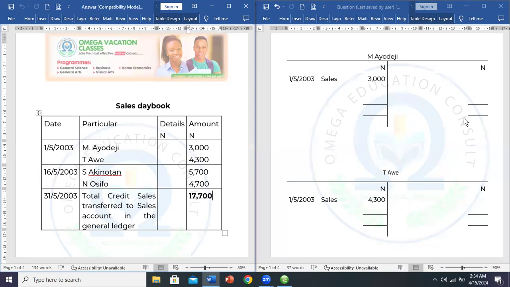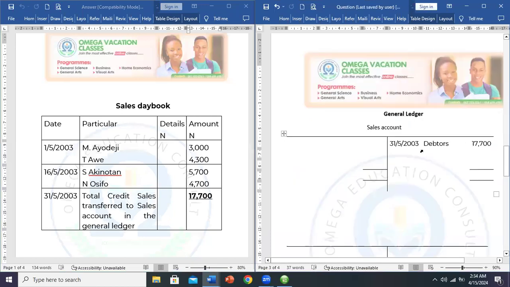Now, earlier, the corresponding entries would have been in the sales account like this. When you open your sales account, you would have credited 1st May, M. Ayodeji, another 1st May, T. Away. You would have brought the individual debtors' accounts here, right?